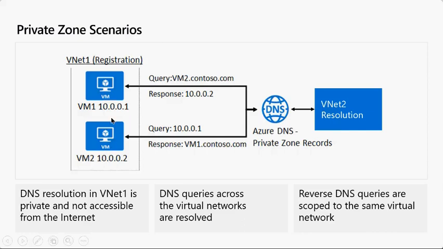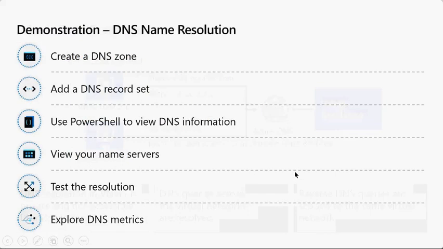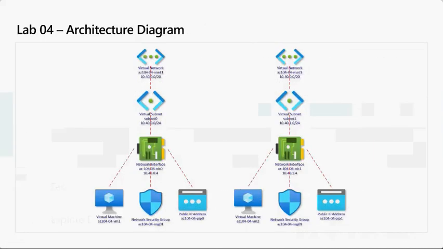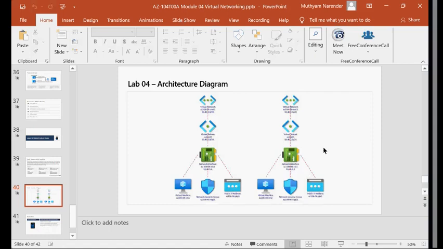That way DNS will help VMs resolve IP to name to IP. So that's all about DNS here. So you can go ahead and implement this lab, the fourth lab.